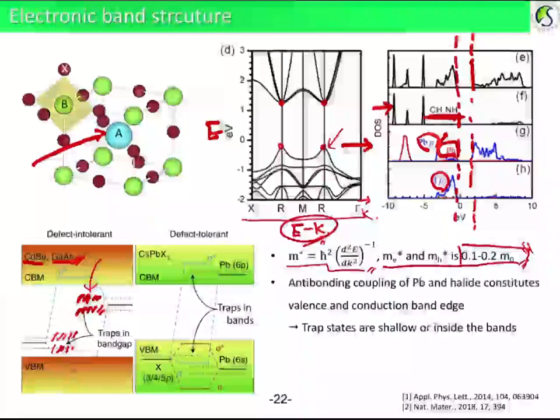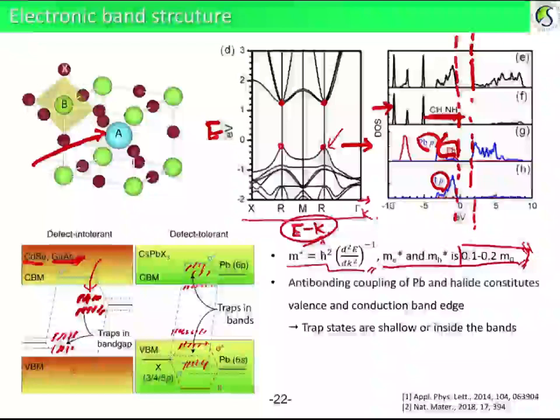But for the case of perovskite material, because of their characteristic band structure, the antibonding state or the broken bond state is formed inside the energy band or very close to the energy band.